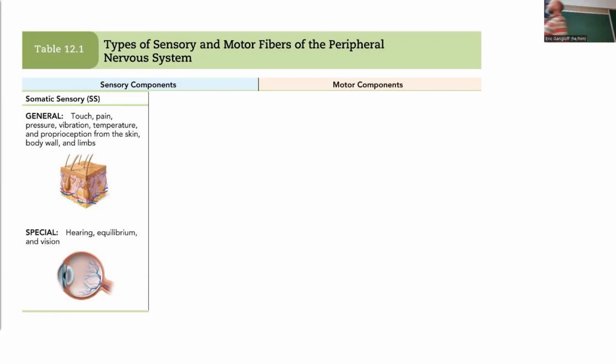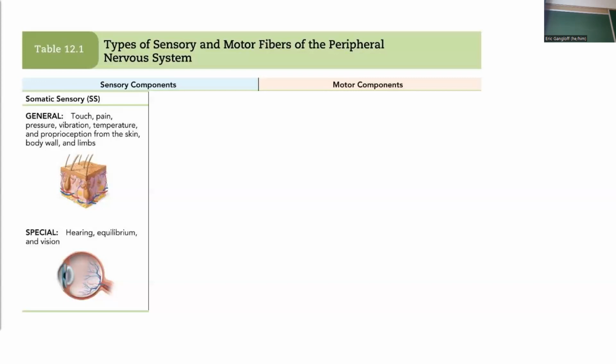Let's start with somatic sensory. Somatic refers to generally information that's coming from the outside world. So that is your senses of pressure, touch, pain, vibration, also proprioception, knowing where your body is in space. All of those things are generally associated with the external environment.